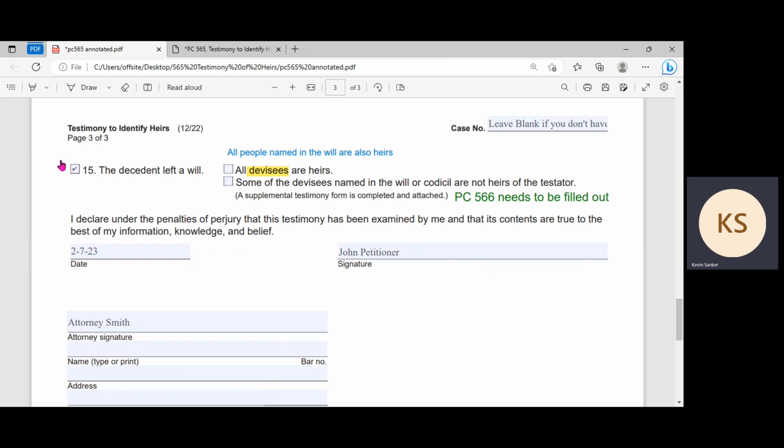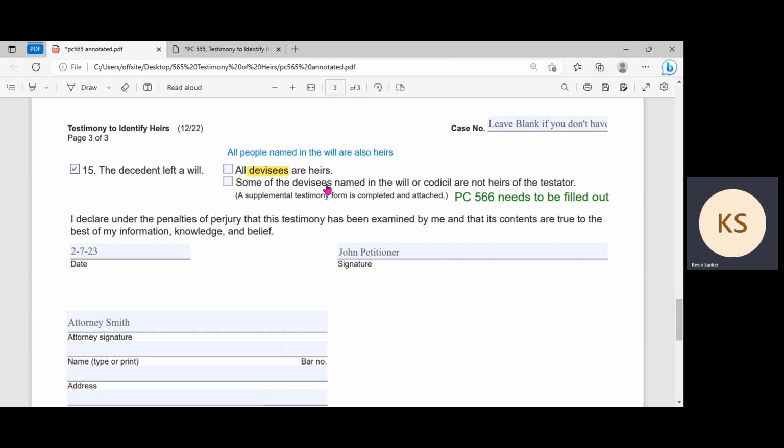Okay, last page, number 15. The decedent left a will, and then check the applicable box. All devisees are heirs. So a devisee is someone who is entitled to receive property pursuant to a will, whereas an heir is someone who is entitled to receive property pursuant to the statutes.